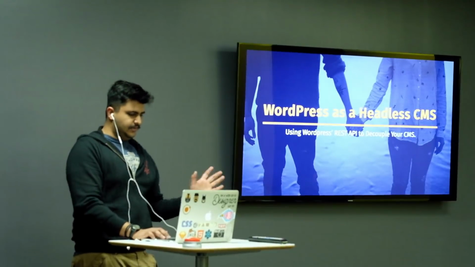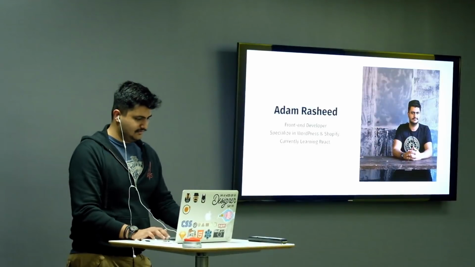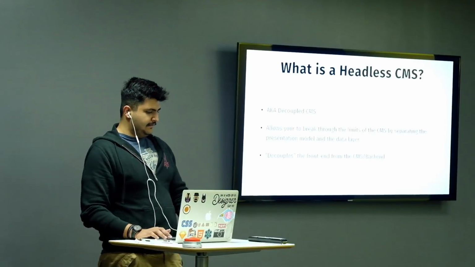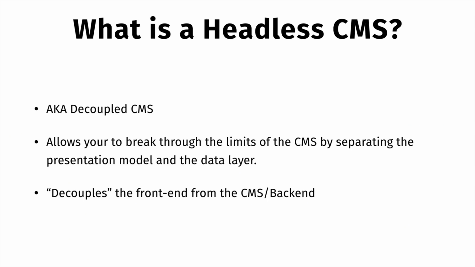Before we get into REST APIs, let's talk about what a headless CMS is. It's also called a decoupled CMS. It lets you break the standard limits of your CMS by separating the presentation model, which is how you code a theme, from the data layer, the actual things being output.